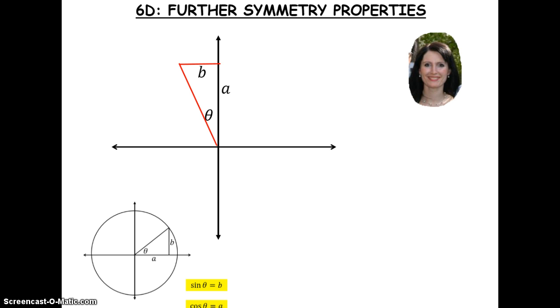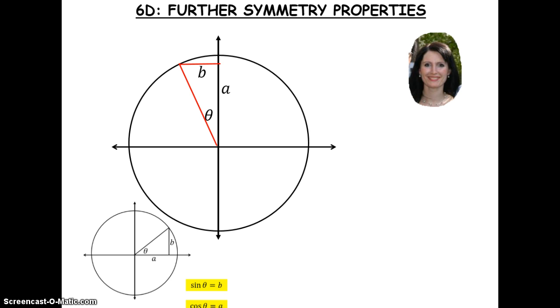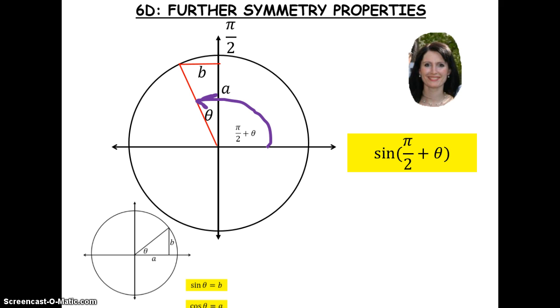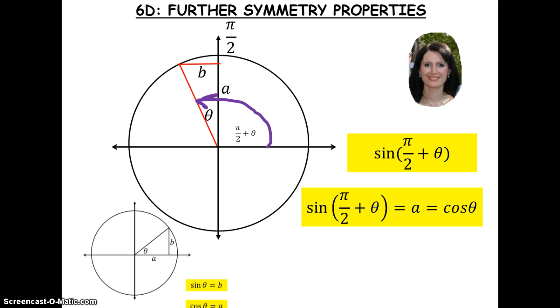Let's try this one. So here, I now have pi on 2 plus theta. Let's think about the sine value there. Here we go. We go all the way around from 0 to pi on 2 plus theta. There it is in there, that's that angle. So the sine of pi on 2 plus theta is going to equal A, which is cos theta.